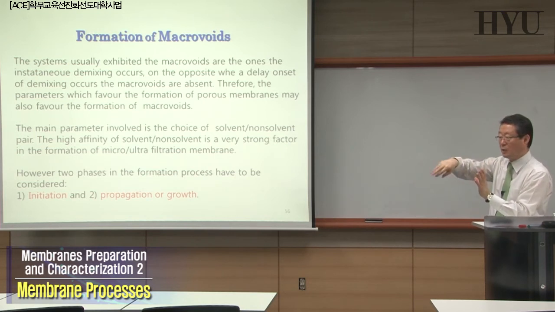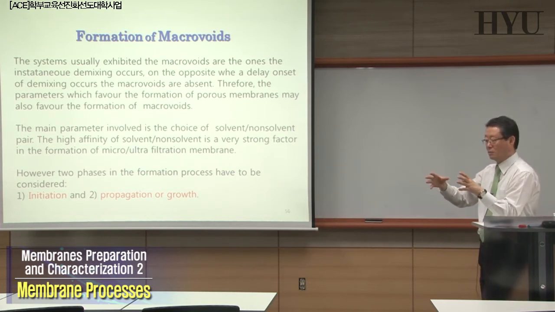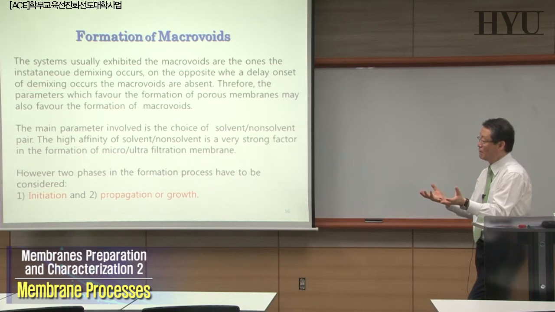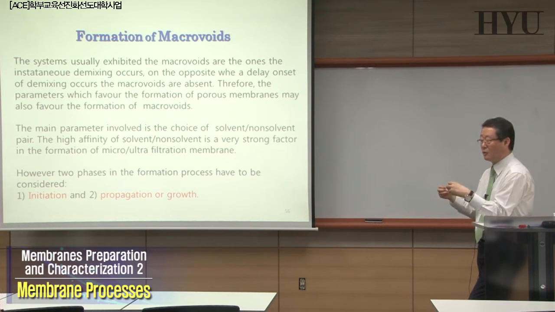Okay, mixing is the one where you have the mixing of the solvent, non-solvent, and of course the solution together. But you have a demixing between the solvent and non-solvent. So the enthalpy might be changing. If the enthalpy change is greater than 0, then we have a high probability of the interaction between the polymer and the interaction between the solvent being very high, whereas if the enthalpy change is low or negative, that means that you have mixing, okay?